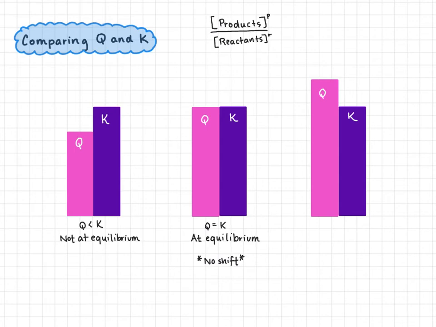And so if Q is too small, it means that we don't have enough product yet in our reaction. And so the reaction is going to have to shift right to produce more product to reach equilibrium.